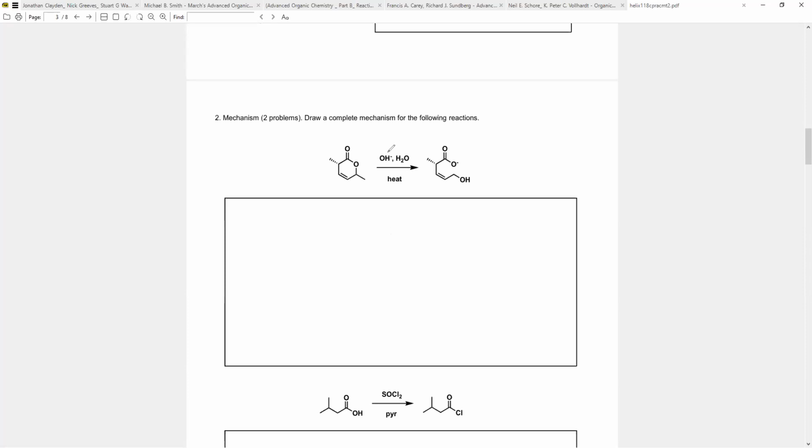Remember, bases are super simple. You kind of just add. And then you just eliminate. Oops, sorry. There you go. Okay.